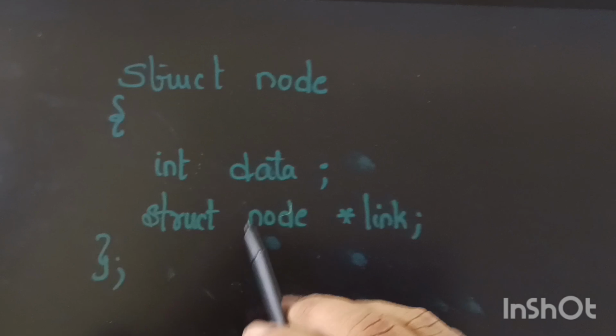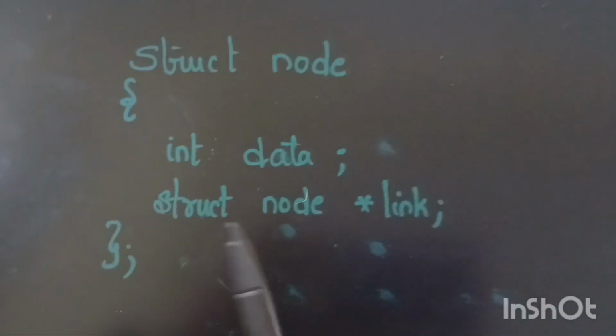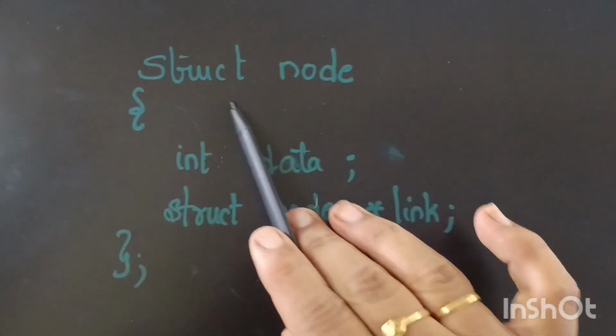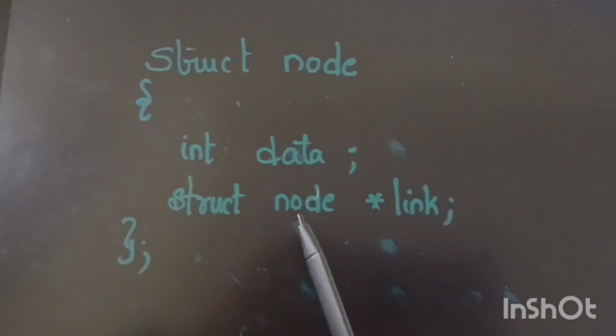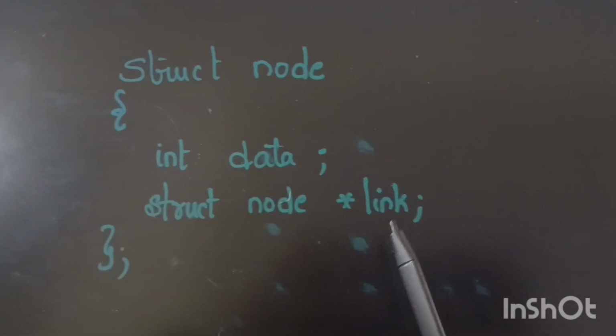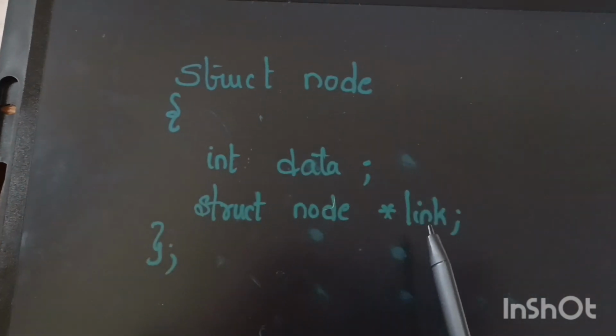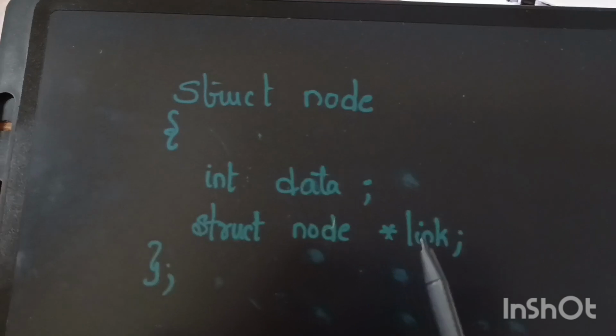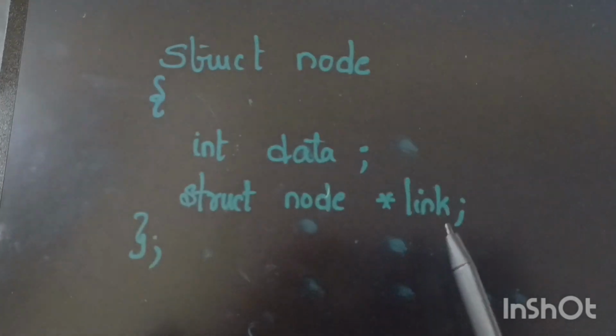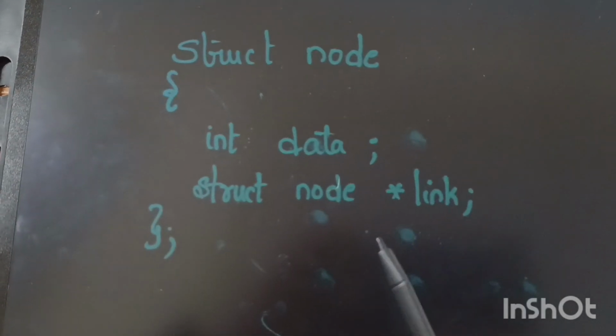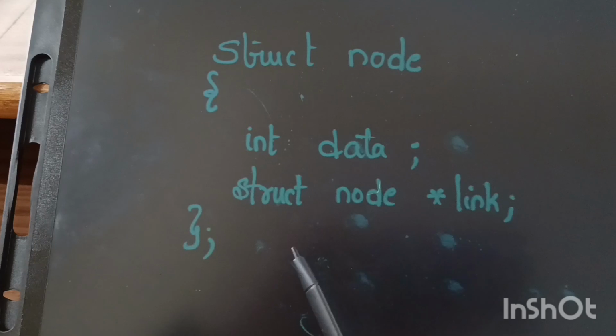This is the structure of a simple node: struct node, int data, struct node star next. We declare it like this because we require the second part to be an address which can store the address of the next node.